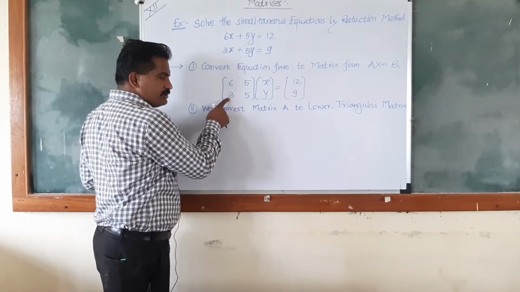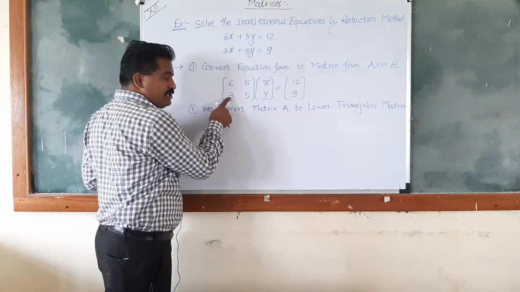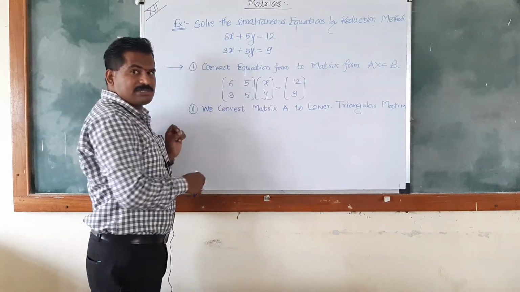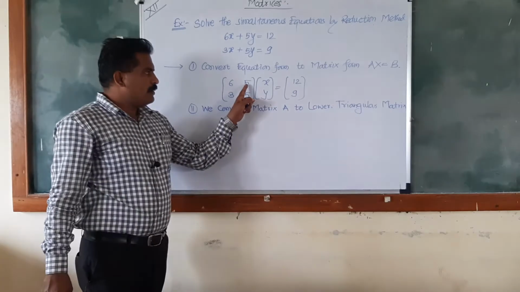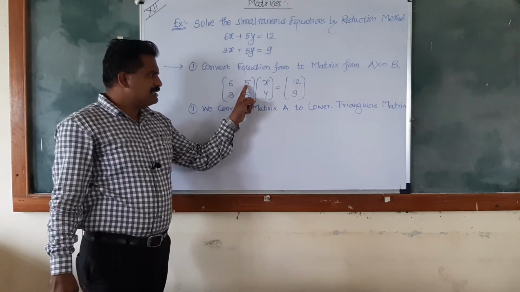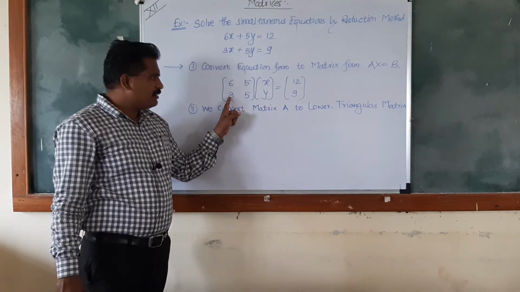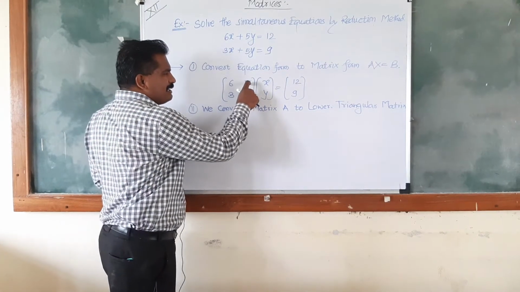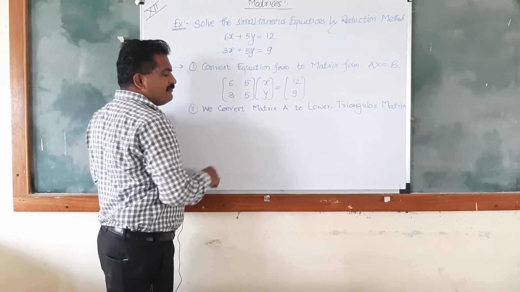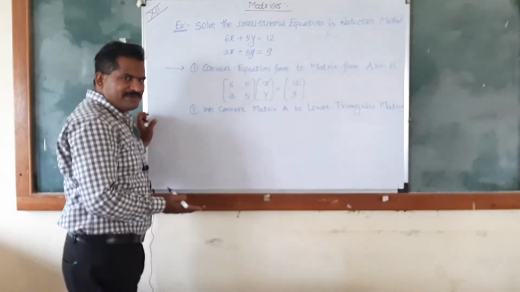We have to change this element to 0 or this element to 0. After that, we can simply convert this element 5 to 0.